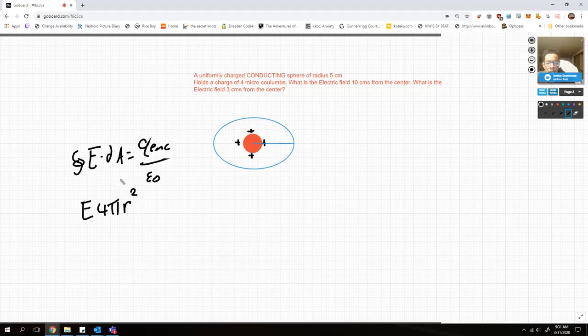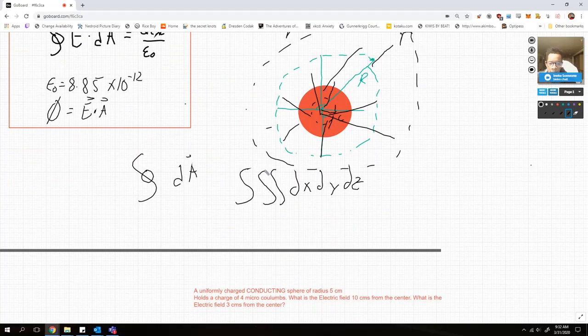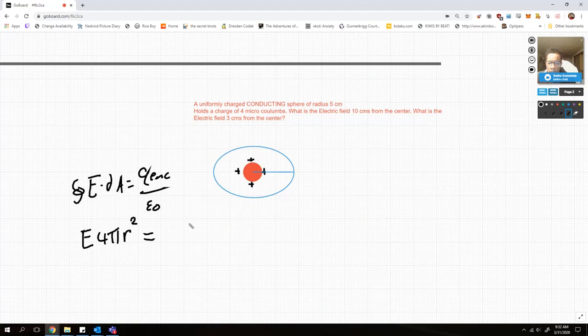Cool. Now I can look at the right side of my equation and figure out what Q enclosed is. So Q enclosed is going to be all of this charge that I've circled. So if it holds 4 microcoulombs, then my Q enclosed is just going to be 4 microcoulombs, right? Because I've enclosed all 4 of my microcoulombs. So that's why it's important to know where my charge is.